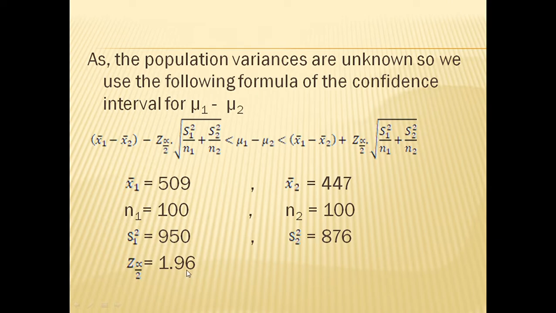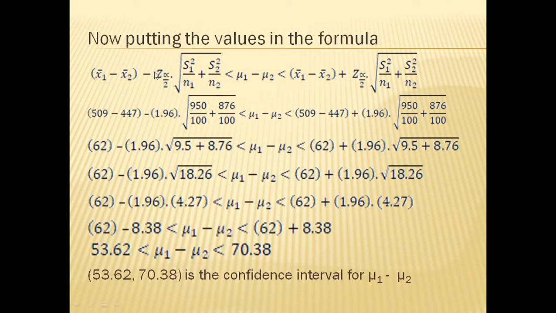I have written the value directly, and by putting the values in the appropriate formula and solving step by step, we again got two limits: 53.62 and 70.38. So 53.62 and 70.38 is the confidence interval for mu1 minus mu2.